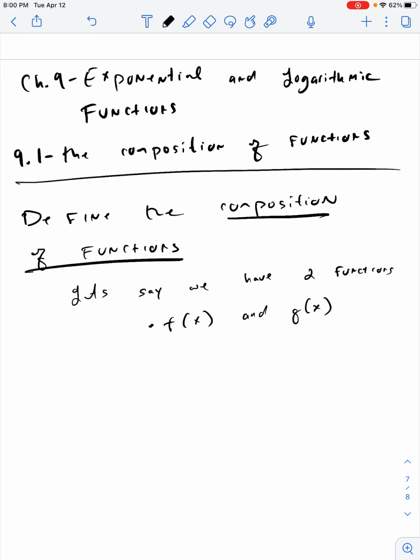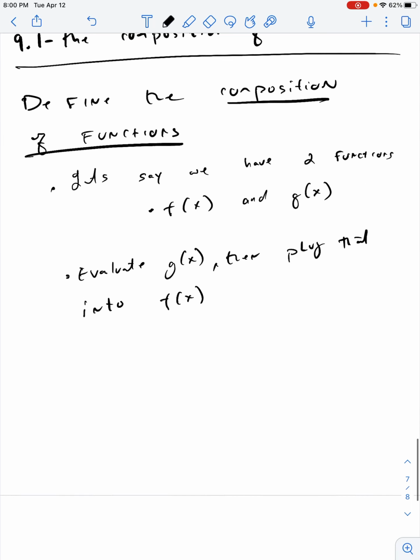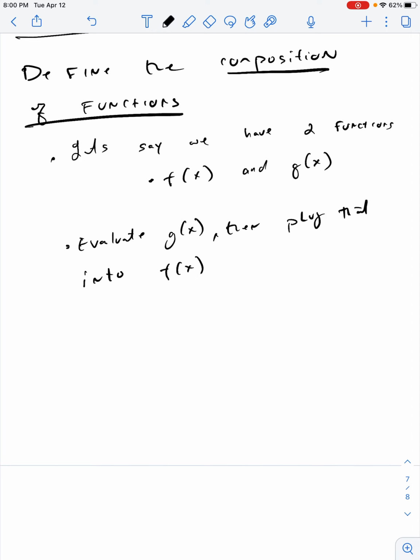And let's say we evaluate g of x, then plug that into f of x. All right, so we evaluate g of x, then we plug that into f of x.